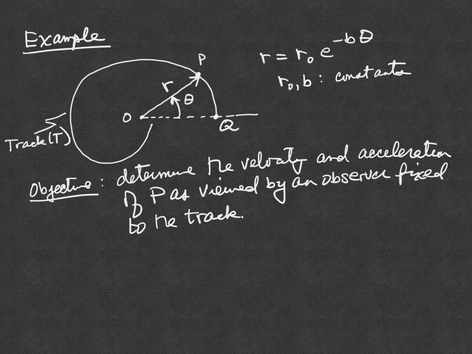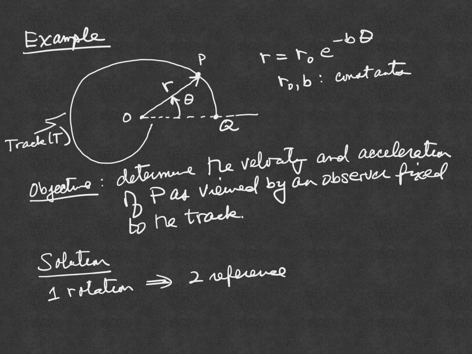So the first thing we're going to do to solve this problem is we need to determine the number of reference frames. So we know that there's one rotation. So one rotation implies 2 reference frames. Now those reference frames are the track itself, which is the base frame, and then the observation frame. Now the observation frame is the frame that is defined by the plane out of the page and along OP.